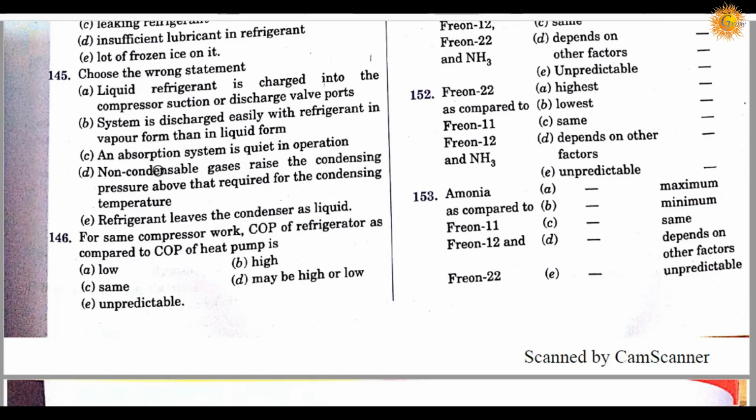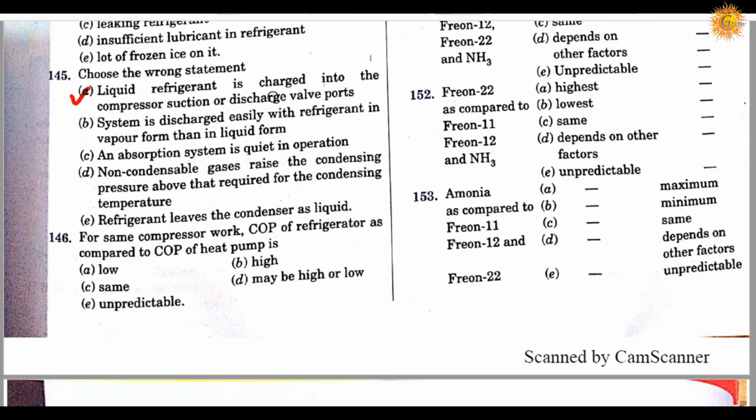Option C, an absorption system is quiet in operation. Option D, non-condensable gases raise the condensing pressure above that required for the condensing temperature. Option E, refrigerant leaves the condenser as liquid. So the correct answer for question 145 is A.